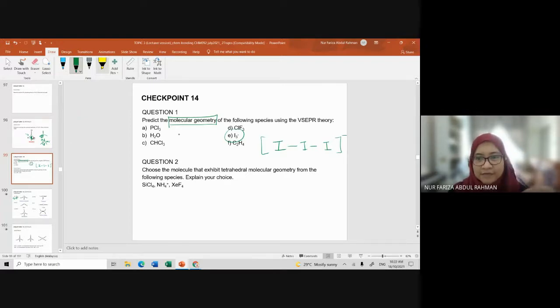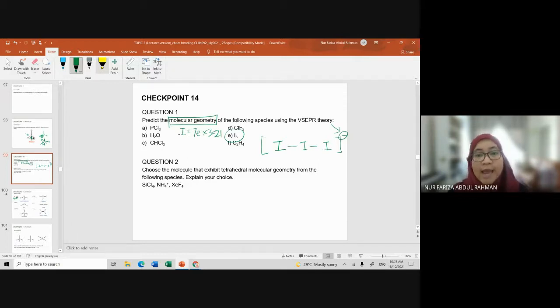Once you have this, we calculate. Let's start from the beginning. Iodine has 7 valence electrons times 3, so we have 21 electrons. Don't forget this is an ion, which means we have to add or subtract. In this case we have to add because it is an anion.